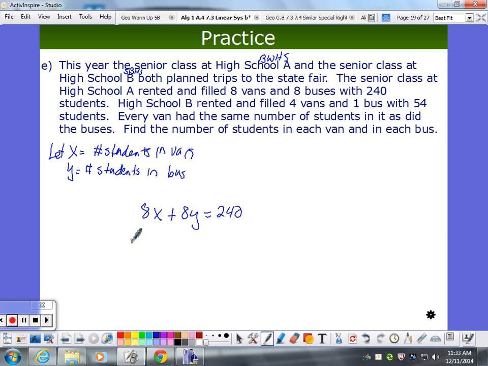What's my second equation? Somebody else. Yeah, that was the second equation. Right? So high school B, Stonebridge, they had 4 vans with x number of students, 1 bus, 54. You've got this. Now you can go solve it.